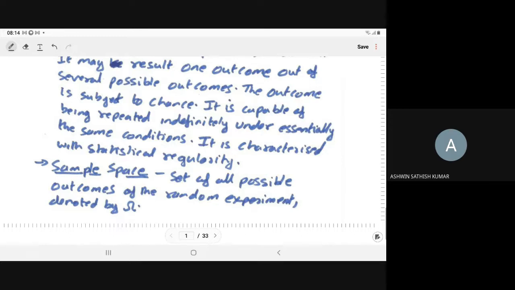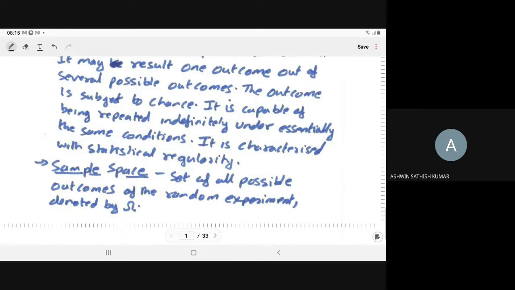So what will happen? Out of the 10,000 times, maybe 5,010 are heads and 4,990 are tails, right? So as you increase the number of trials, the number of repetitions, the ratio of the number of favorable events divided by the total number of repetitions tends to a constant value.